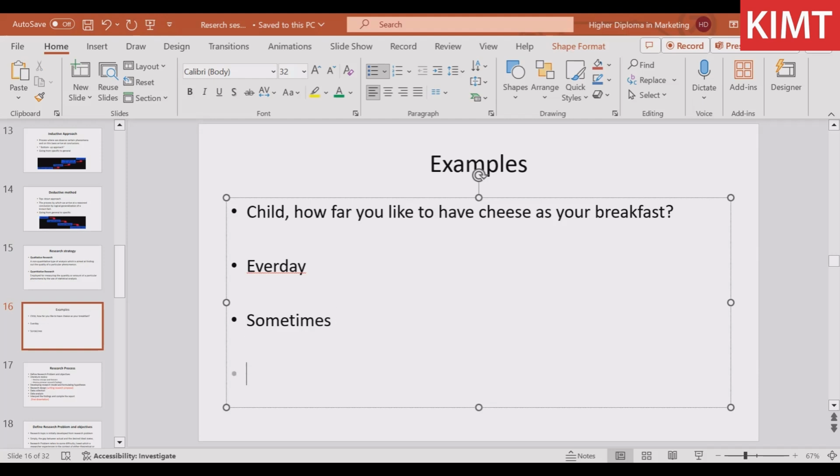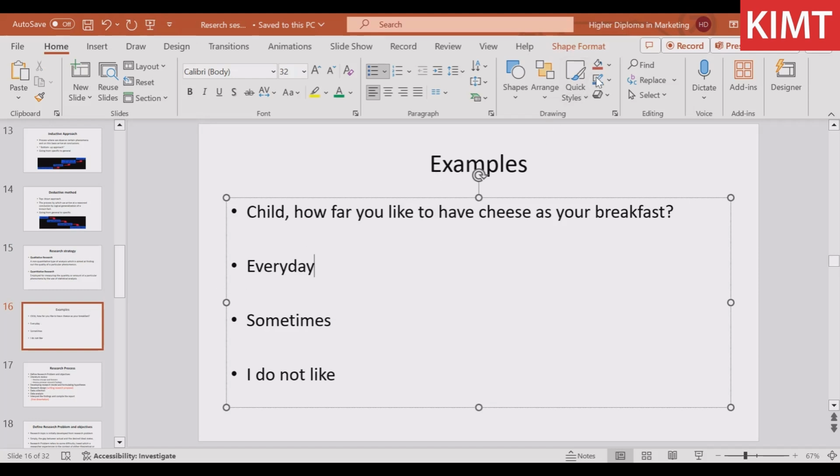Sometimes, I do not like. Sometimes there are children like that. So you got three answers basically: every day, sometimes, I do not like. Then when you prepare a questionnaire for data collection, you provide these three options as possible answers.